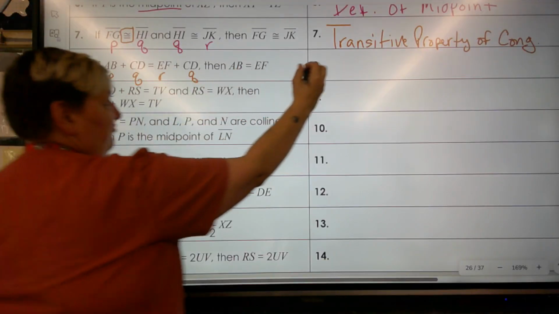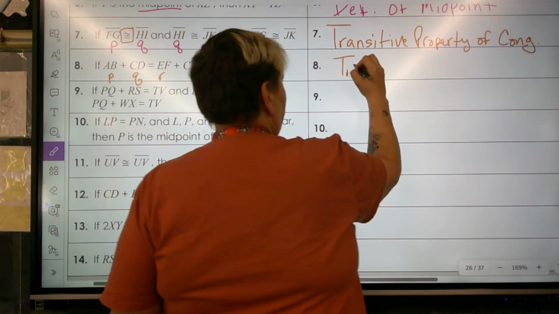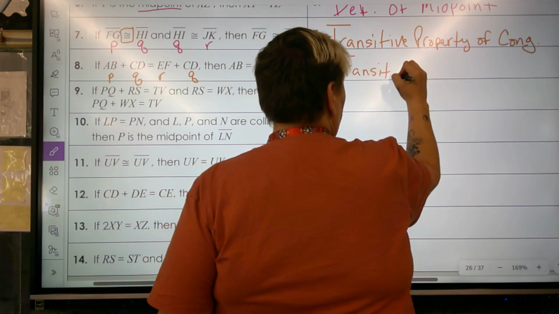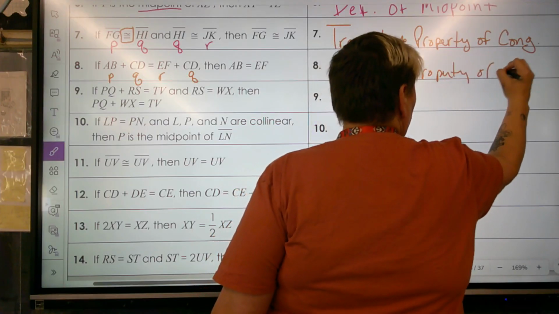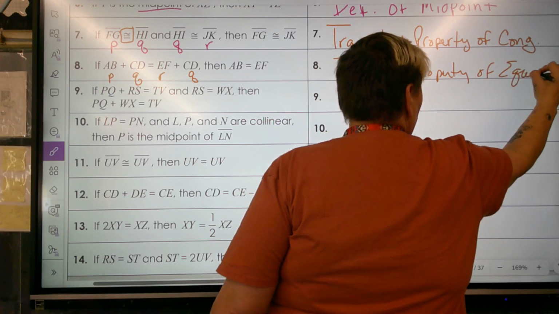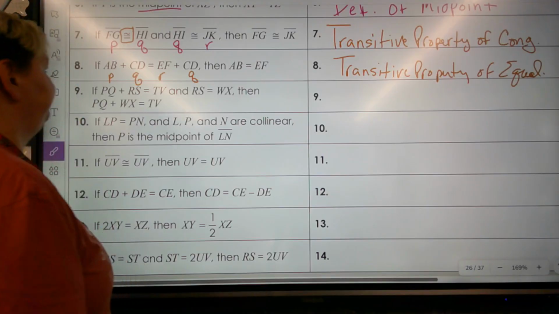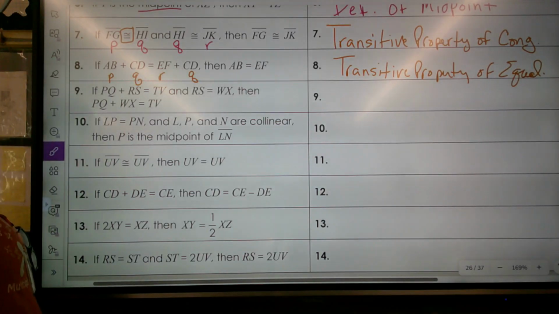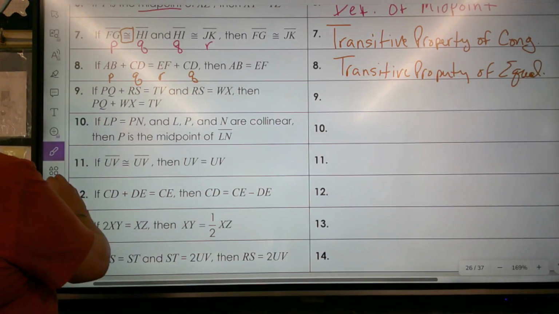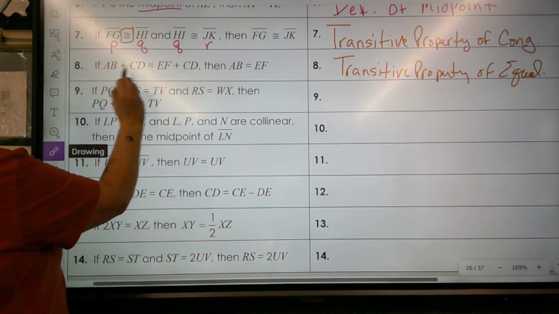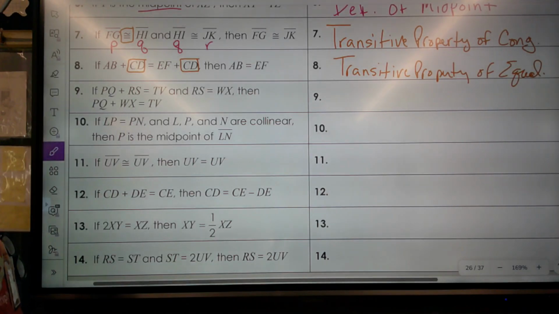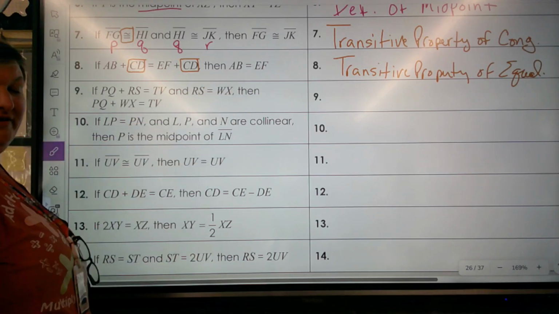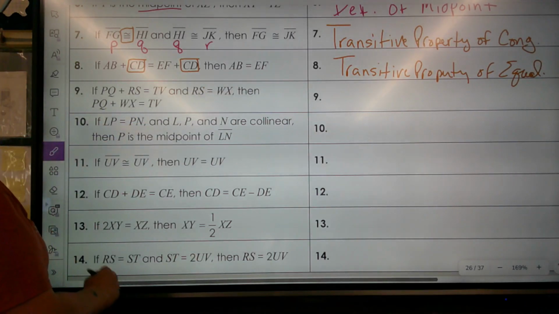Then you would see transitive property here. And it's an equal sign, so it's transitive property of equality. What gave it away for me? When I was reading it, I noticed very quickly that this repeated, and then in the end, it disappeared. That tells me it's transitive property.